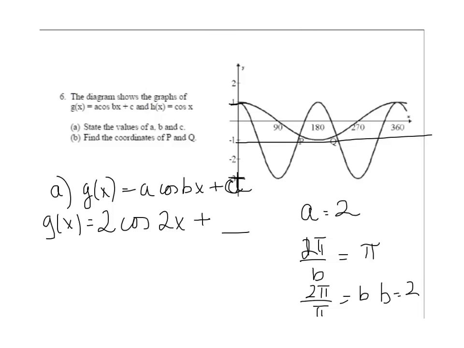We need to know how far it's up and down. Well, if this is the midpoint right here, if this is the midway point, then it has been moved down 1. So instead of this being plus, this is actually going to be minus. So I have minus 1. So that tells me A.